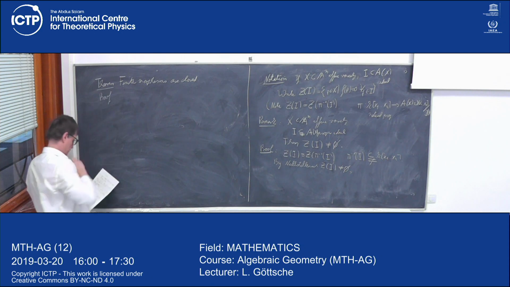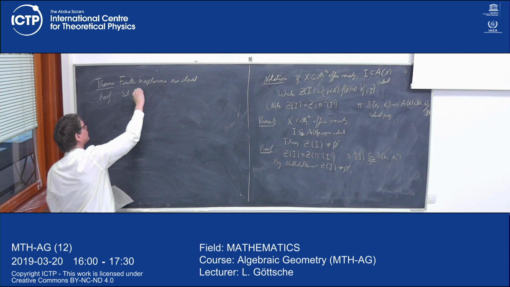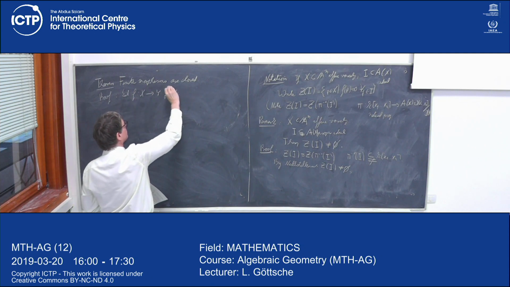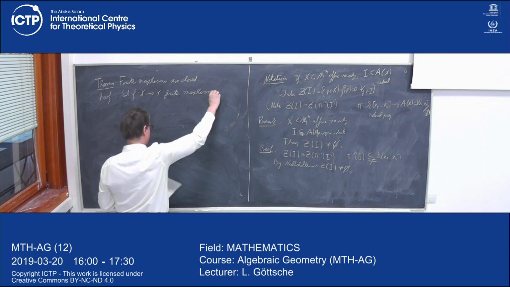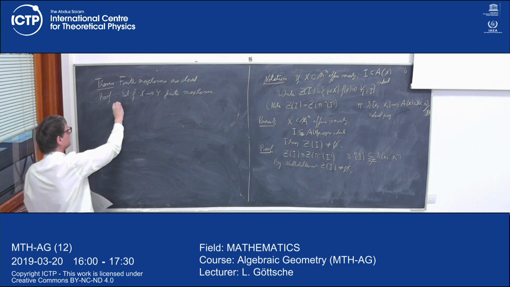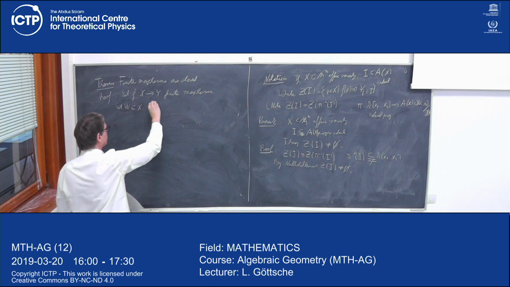We take a finite morphism f from X to Y of affine varieties, and let W in X be a closed subset.